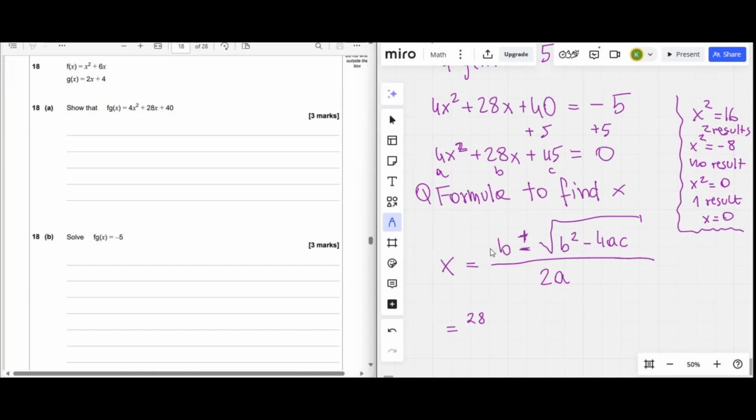Excuse me, there is actually negative b in that formula.